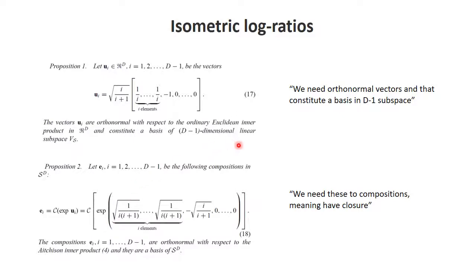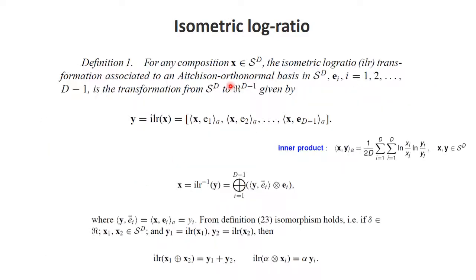Of course, in reality, we have data and we have different compositions. So what we then simply do is take our compositions and project them, that means create the inner product of that composition onto the existing orthonormal basis. Then we have essentially a new vector, and that vector is called the isometric log ratio.